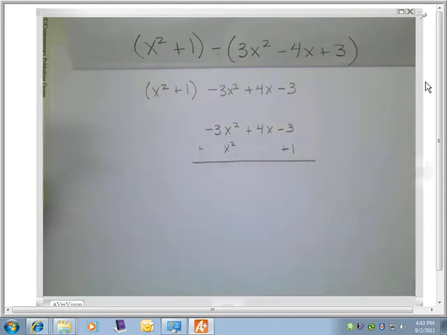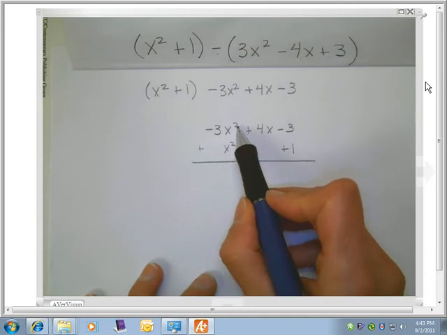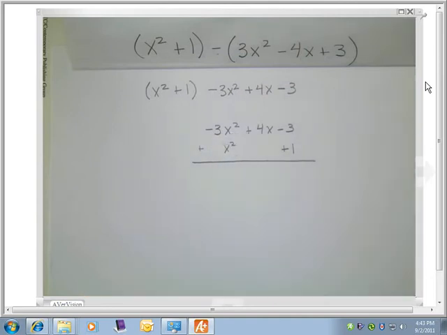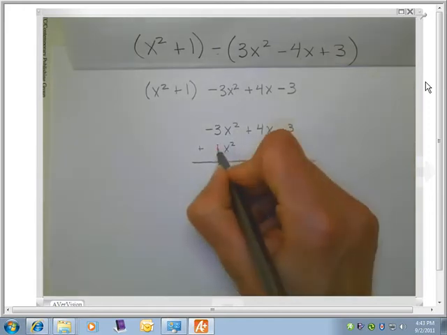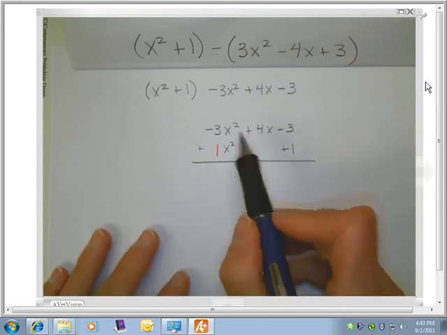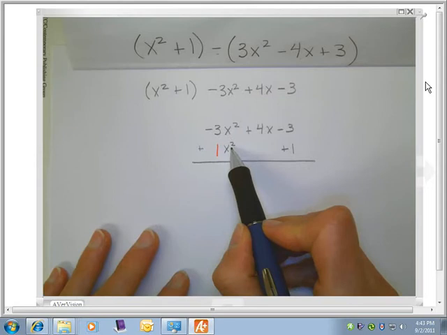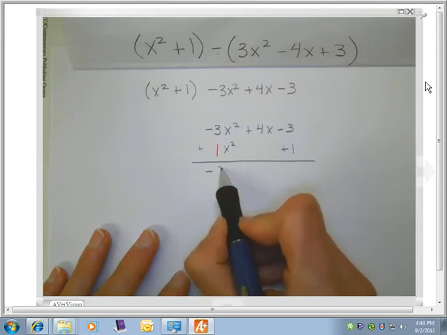So now I have negative 3x squared. Oh, what's that coefficient there in front of that x squared? It's one of those things that we understand to be there. The coefficient is a 1. So now I have negative 3x squared and 1x squared. That gives me negative 2x squared.